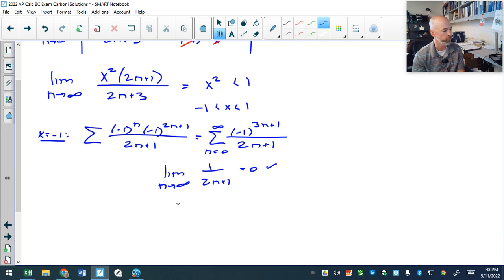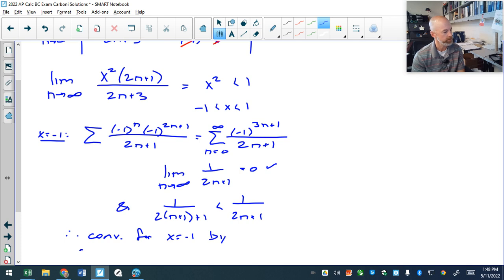We don't need to go through derivatives, but I'm also going to show that if I plug in n plus 1, my n plus first term is indeed less than my nth term. Therefore, this converges by the alternating series test, converges for x equals negative 1 by the alternating series test.